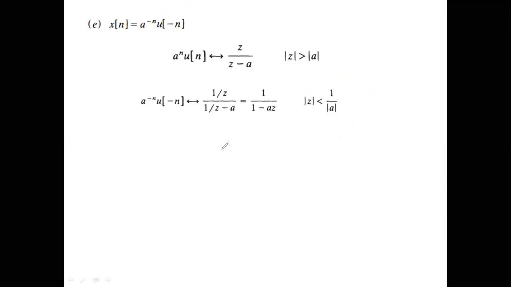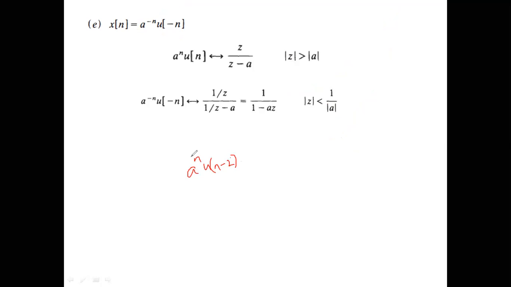Now let me ask you one tricky question. Suppose I have alpha to the power n times u of n minus 2. Which property will you use here?